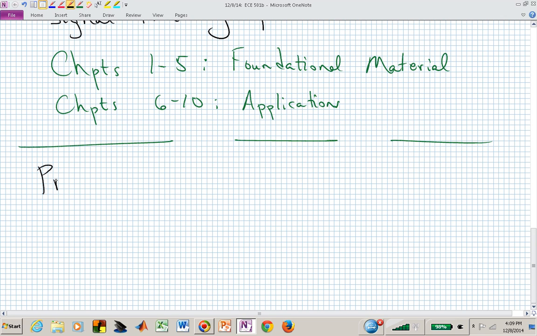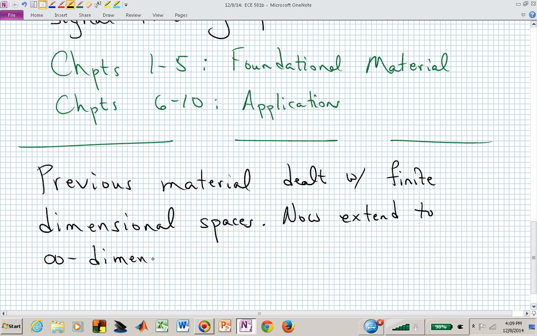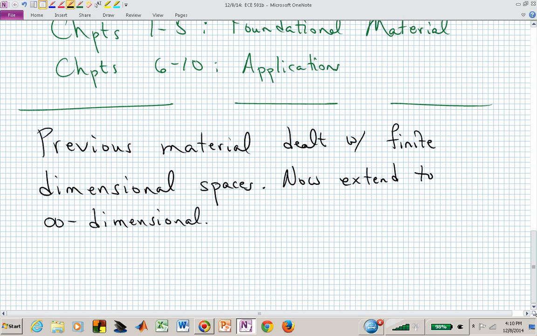Let's just point that out explicitly. Our previous material dealt with finite dimensional spaces, these R to the n, C to the n's, etc. Now we want to extend that into these infinite dimensional spaces.